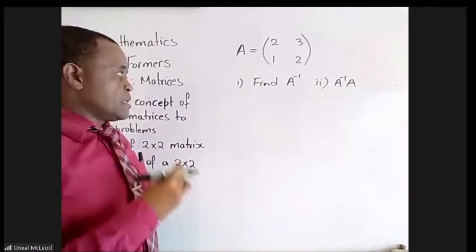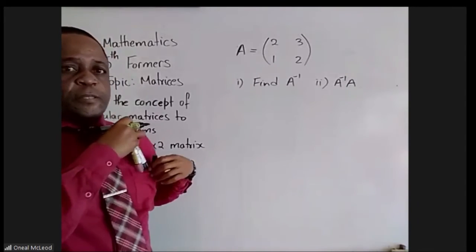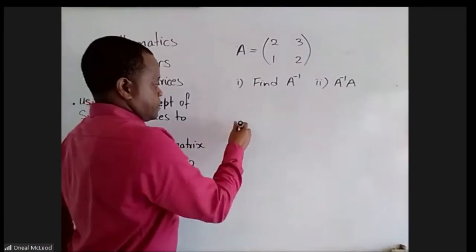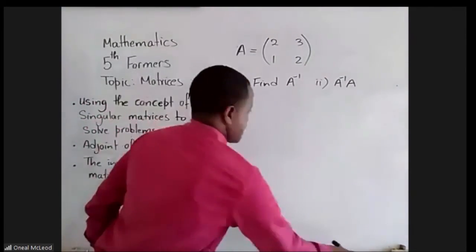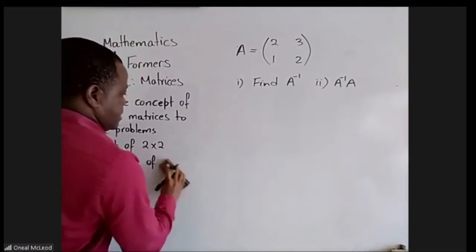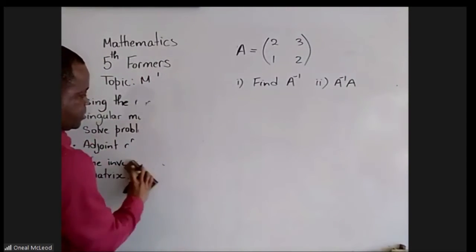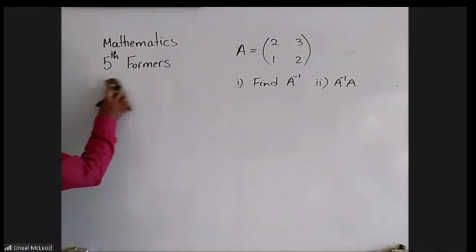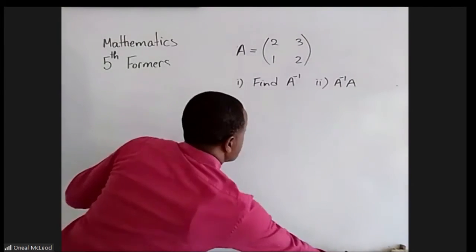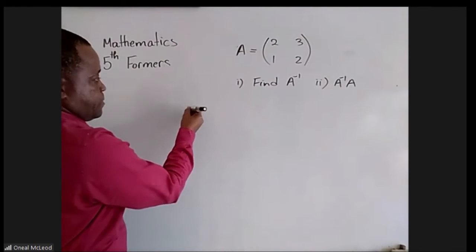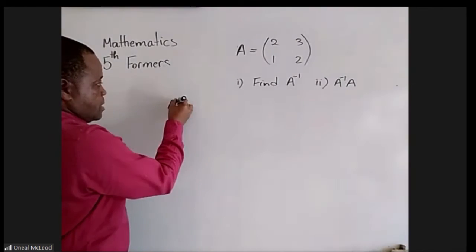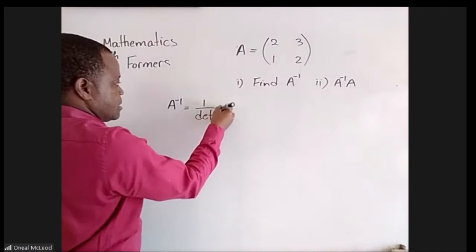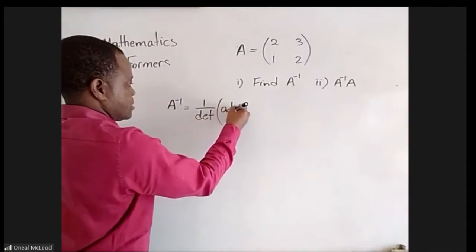So this is the last question for this session. Now, A inverse is equal to 1 over the determinant multiplied by the adjoint.